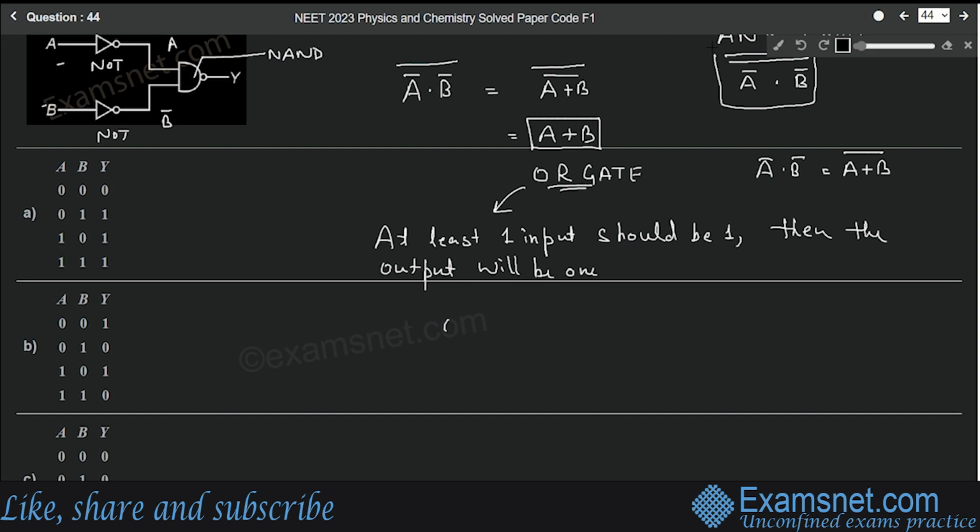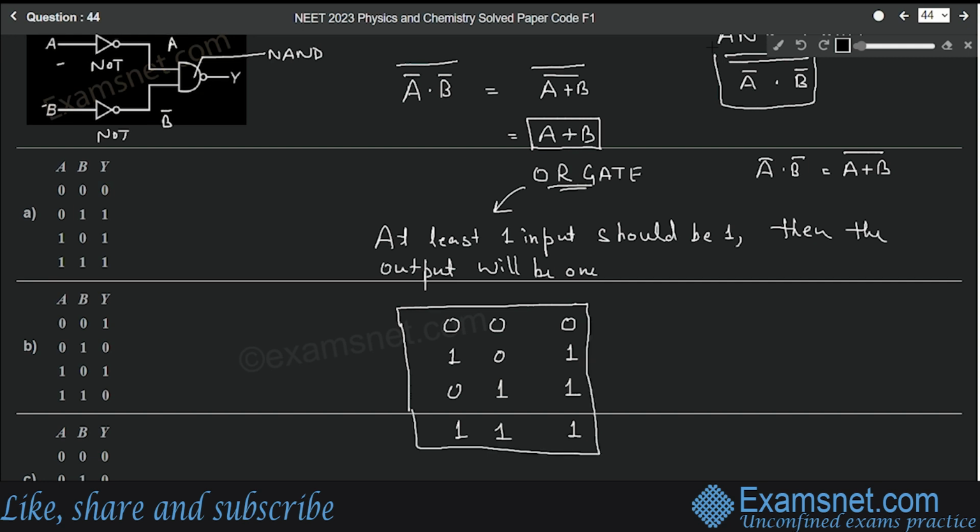Okay, so if we have input 0 0, in that case output will also be 0, because at least one input should be 1. If we write 1 0, then yes, output will be 1, because at least one is 1. Okay, then 0 1, again output will be 1. And if both are 1, then definitely the output will be 1. Okay, so this will be the logic circuit of OR gate. So let's see. First one, yes, first one only is the correct one. So option A is the correct answer here.